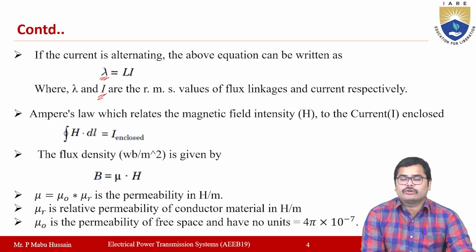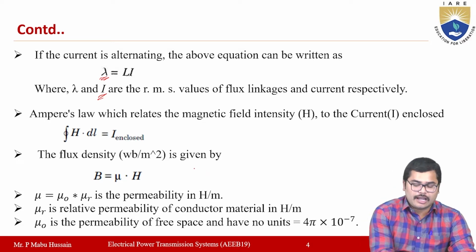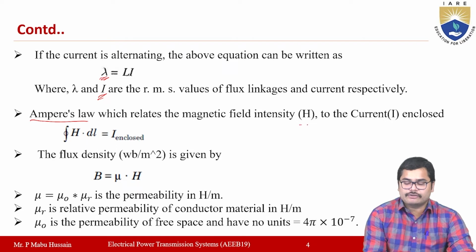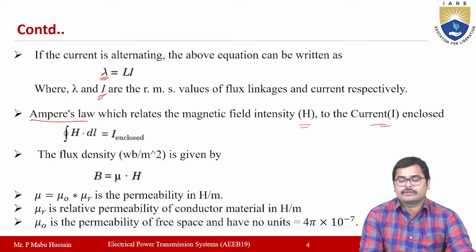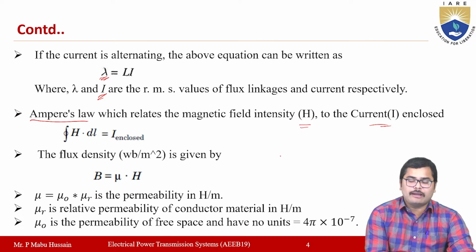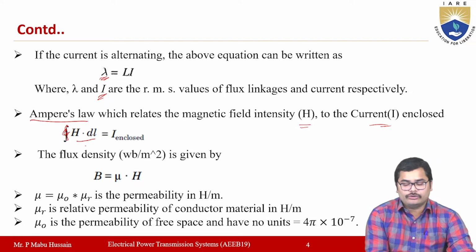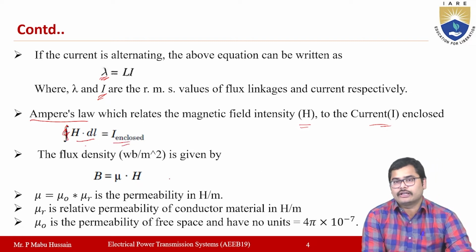You also need to recall one important equation, that is Ampere's Law. Ampere's Law relates the magnetic field intensity H with the current enclosed by the conductor or path. According to Ampere's Law, the closed integral of H dl is equal to the current enclosed, I enclosed.